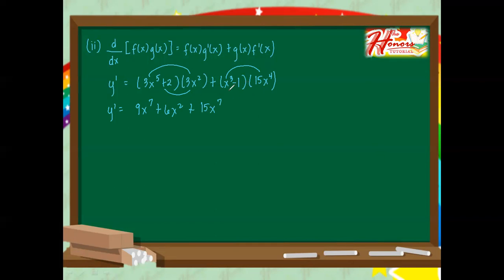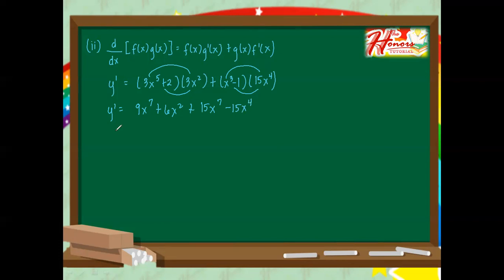And then for the variables, kindly add the exponents. So we have here 3 plus 4, that's 7. Next, we have here negative 1 times 15x raised to 4. When a term like 15x raised to 4 is multiplied to negative 1, it means that we have to reverse the sign. So it will become negative 15x raised to 4.